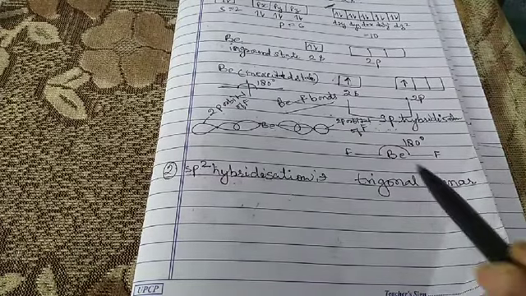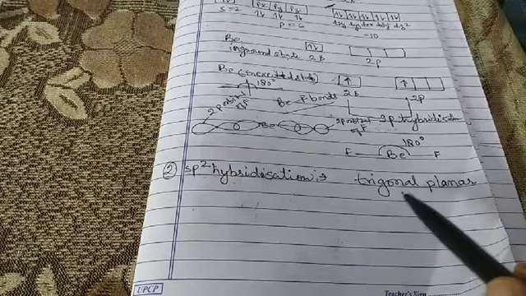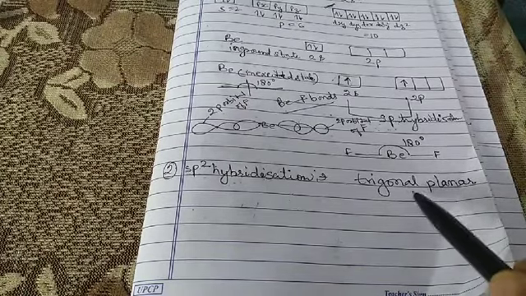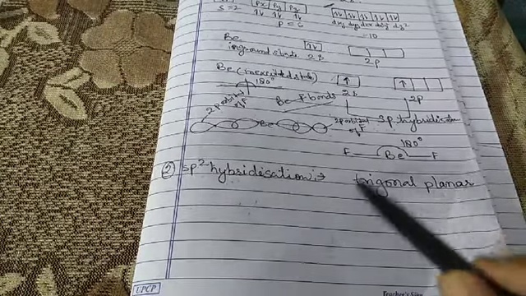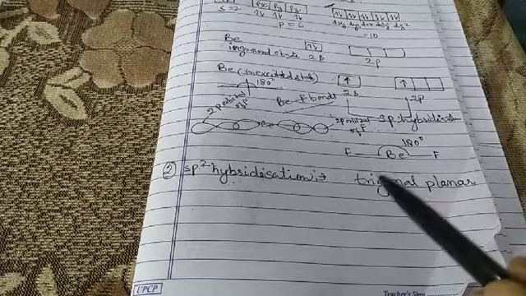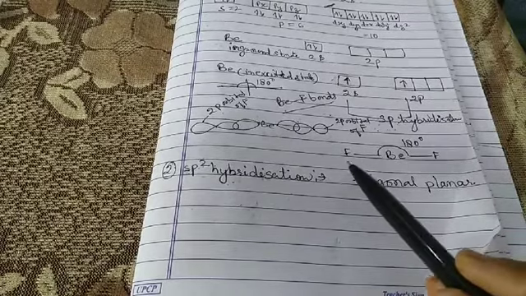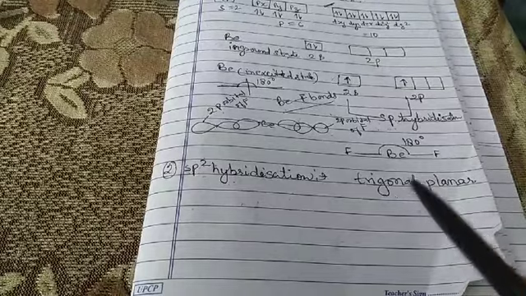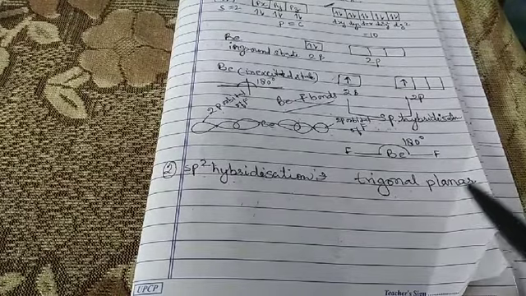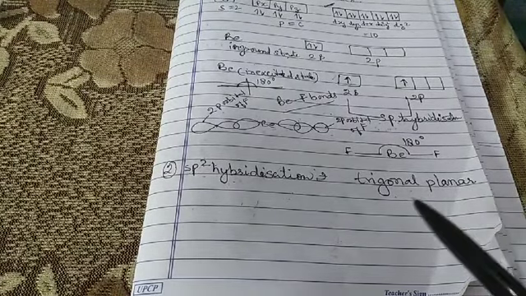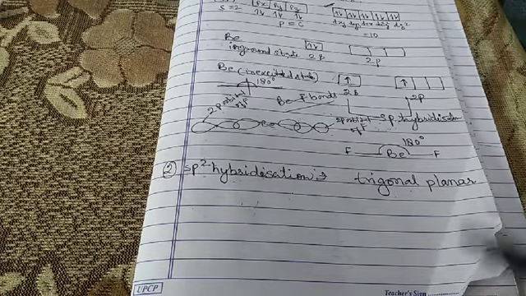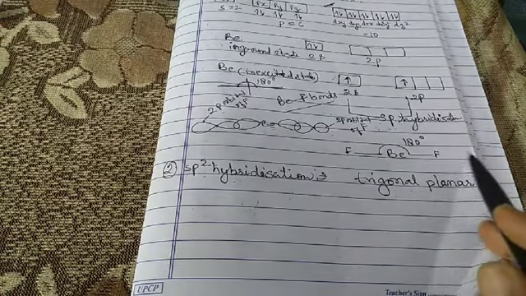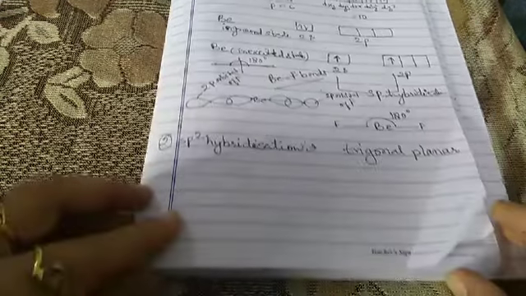Therefore the molecule involving sp2 hybridization of the central atom will adopt the trigonal planar geometry. Geometry means the shape.